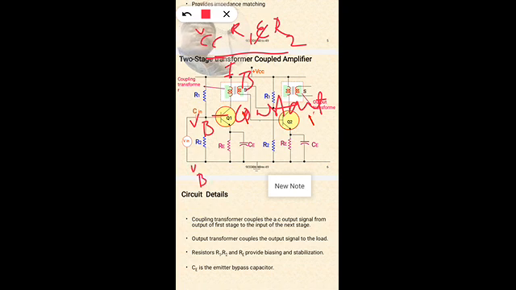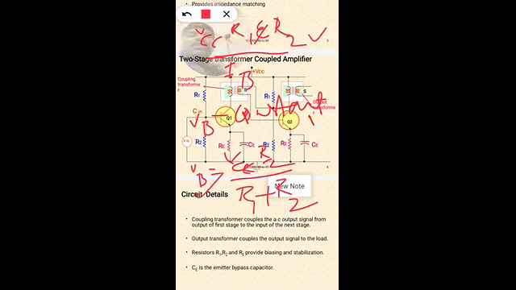We can write VB is equal to VCC into R2 by R1 plus R2. Since VCC, R1, R2 all are constants, VB is going to be fixed at a certain value. So that is going to fix IB constant at a certain value.